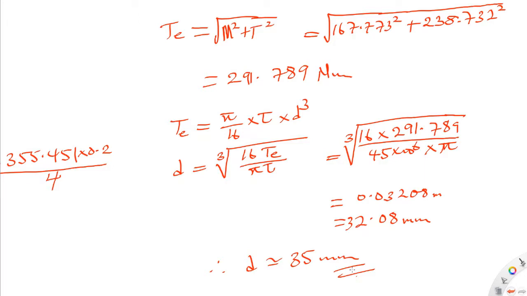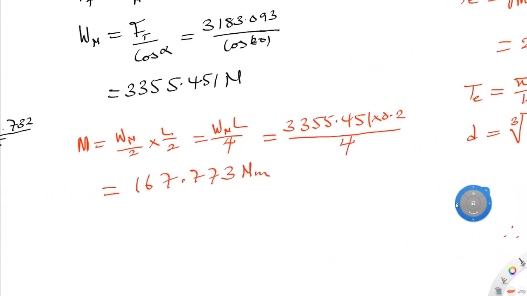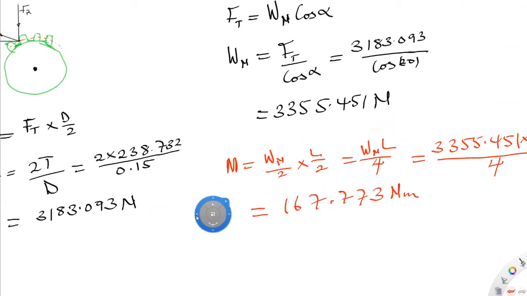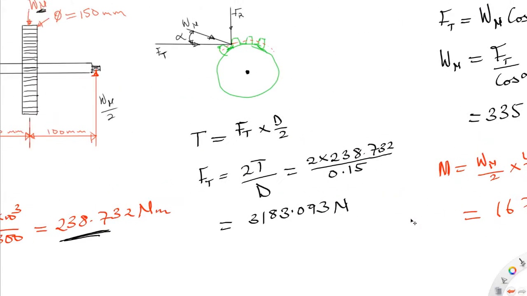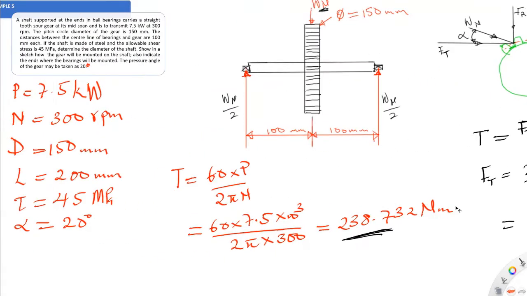And of course, we used the maximum shear stress approach to obtain this. If you use the maximum normal stress or the maximum bending stress approach, you are going to have a value that will be a little bit different from what we have obtained.